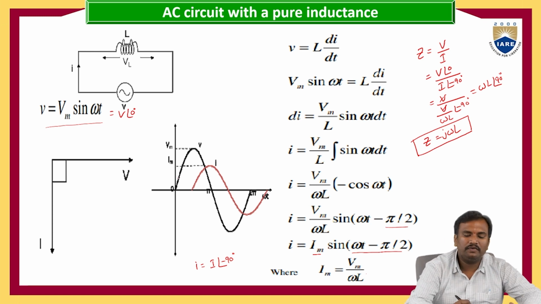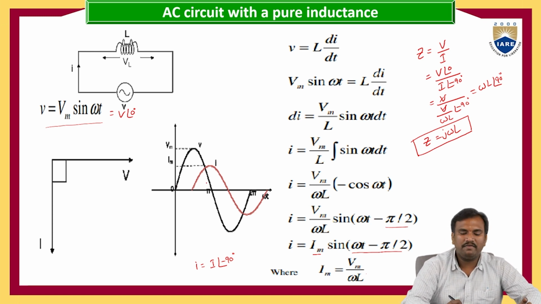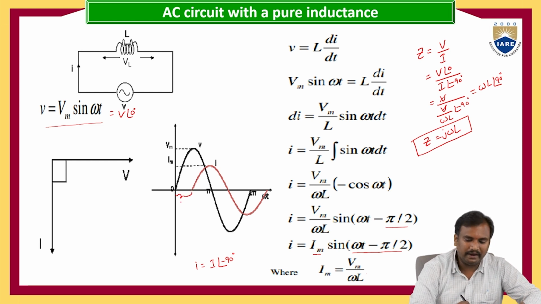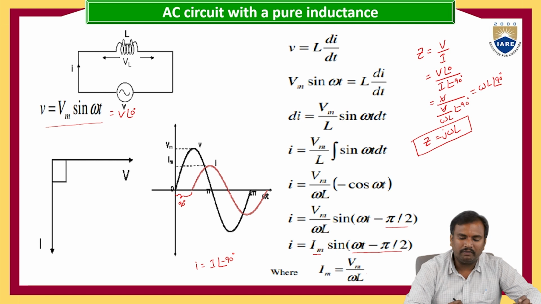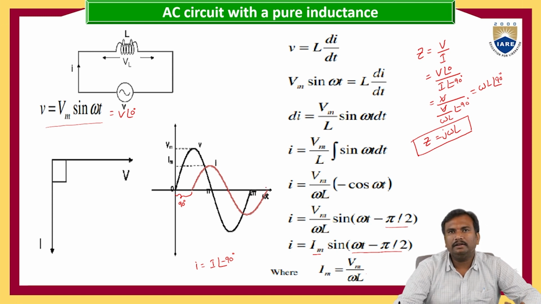That is, if we consider V phase is at 0 point, I phase will be exactly 90 degrees displaced from the 0 position, and it starts at 90 degrees and will end the positive half cycle at 270 degrees, and then again it will continue the negative half cycle.